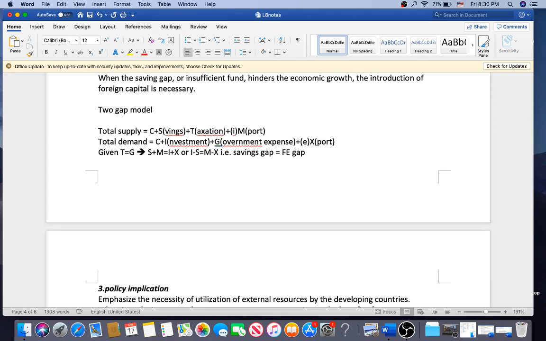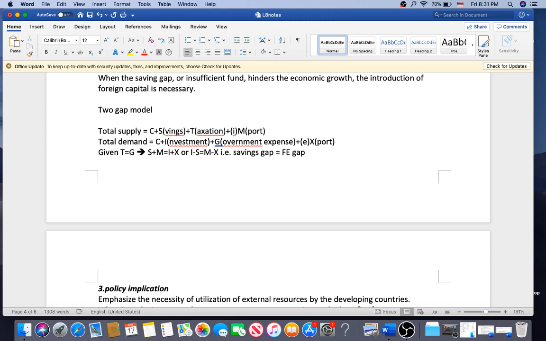The notes: the total supply is consumption and savings and taxation. That is total supply, that Y is equal to C plus S plus T plus M, denoting consumption, savings, taxation and imports respectively. The next equation is total demand, C plus I plus G plus X. That is the consumption, investment, government expenditure and exports.